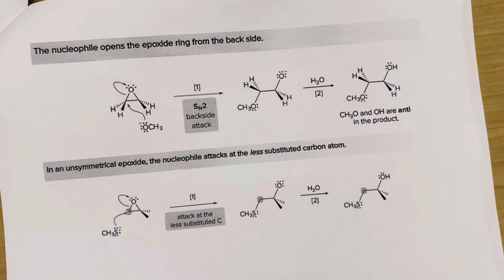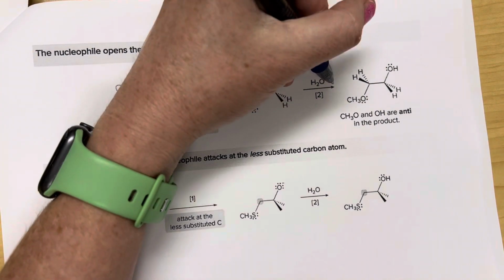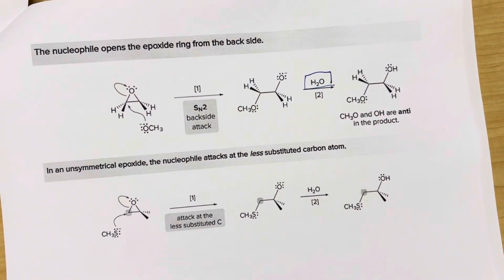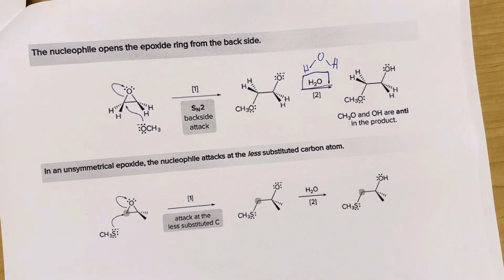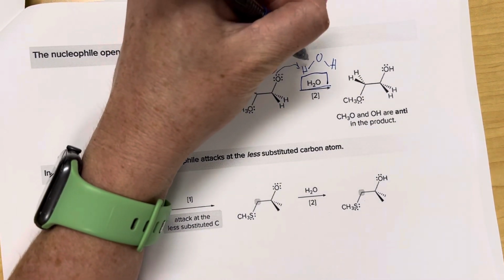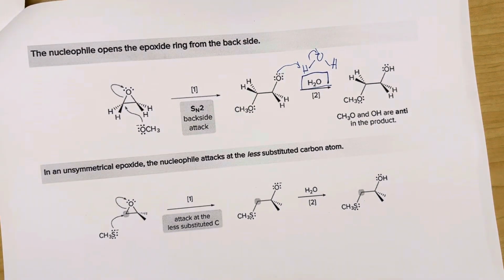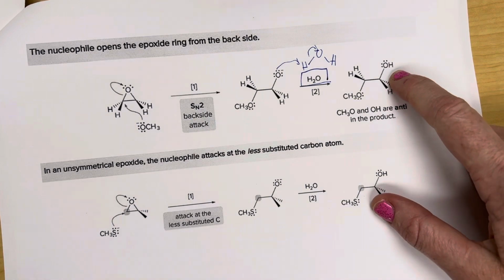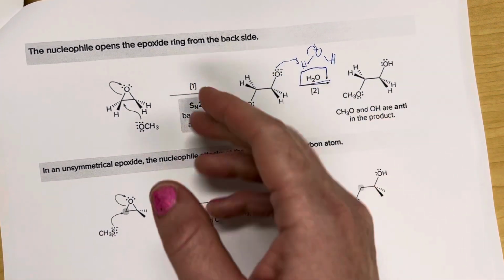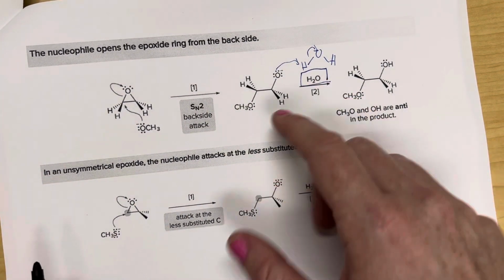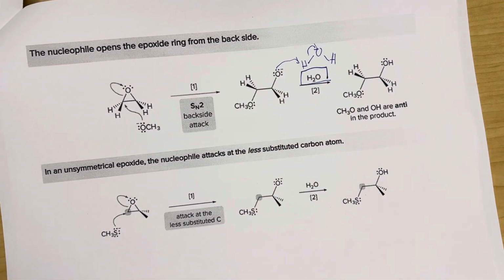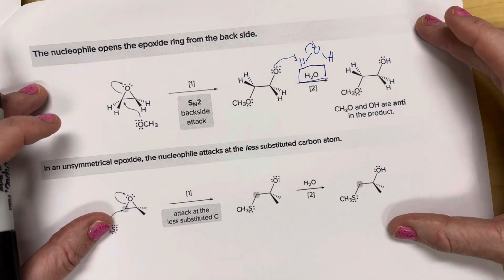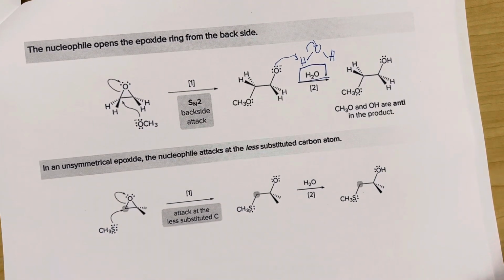Now, the one thing that we haven't covered much of, hopefully you can kind of see what happens, is that you have an H. And this would grab that, and that would go like that. So that's how you end up with the OH. So generally you'll see a step 1 where it's going to be some sort of nucleophile, and step 2 is going to be water, just to ensure that you know that you got an OH there. So we're going to prepare some alcohols using epoxides.